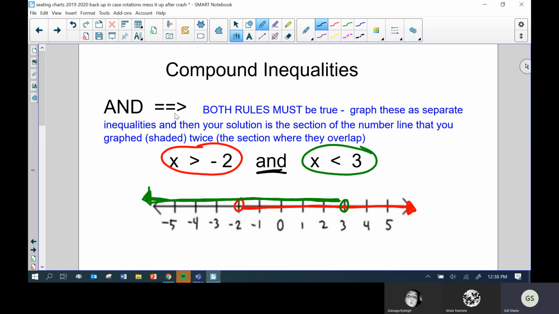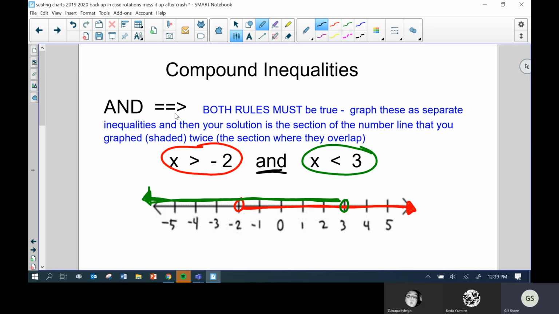So here we only have green. Here we only have red. Here we have both. That's our solution set. Remember when we did the problem about the money going into the store, we had to be greater than 0 but less than 5, so it was in between the 0 and the 5.